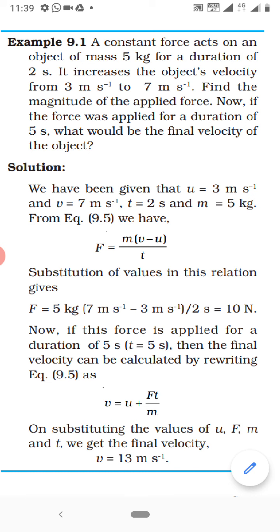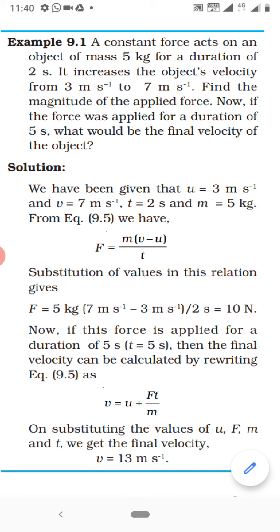Now they are saying if this force is applied for a duration of 5 seconds, that is, time is now 5 seconds, then how will we calculate the final velocity? In the same formula, F is equal to m times v minus u by t. We have to find v. So after rearranging we get the formula v is equal to u plus ft upon m.